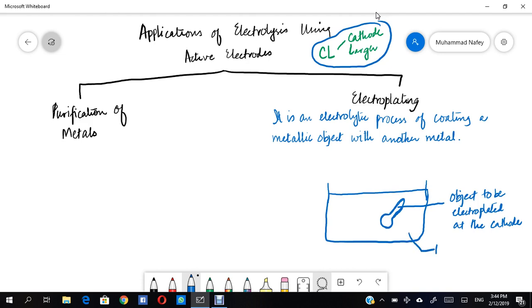So I'll take silver nitrate here, AgNO3, and my anode should be made of the metal with which I want to coat my spoon, that is silver. So here is my silver electrode, which is at the anode.